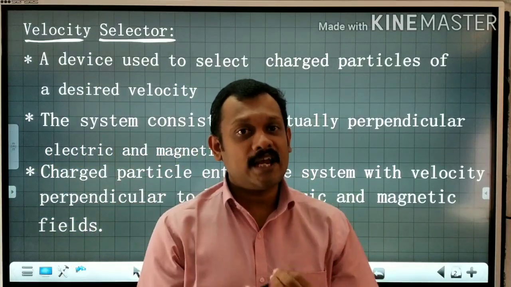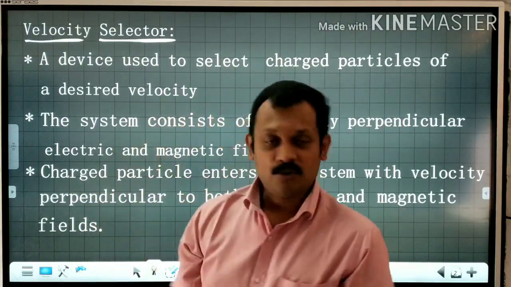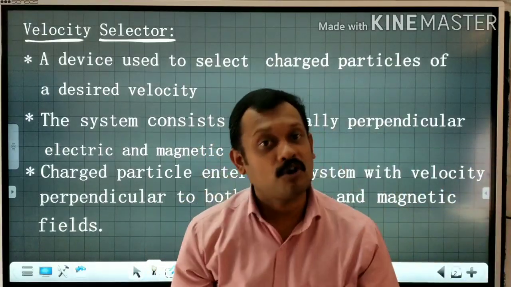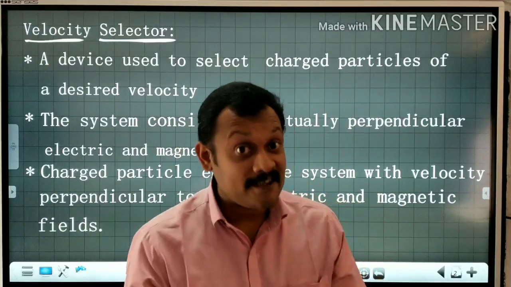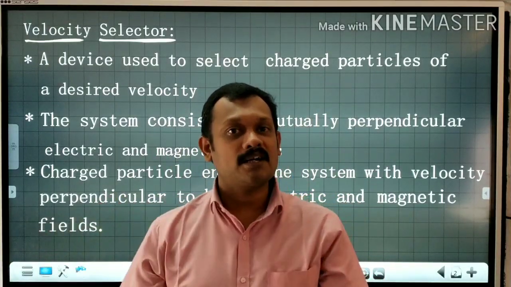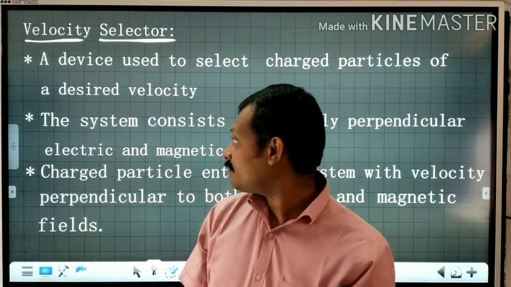We want to select those particles which have a certain velocity. And we want only those particles to come out of the selector. Otherwise it is also called a velocity filter. We will filter out only those particles which possess a certain velocity, right?